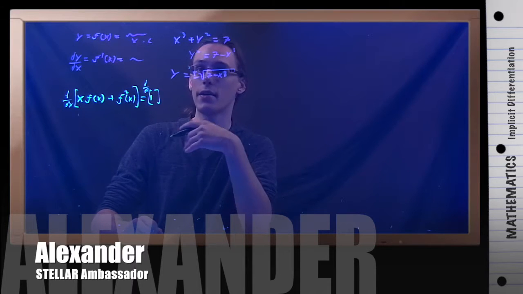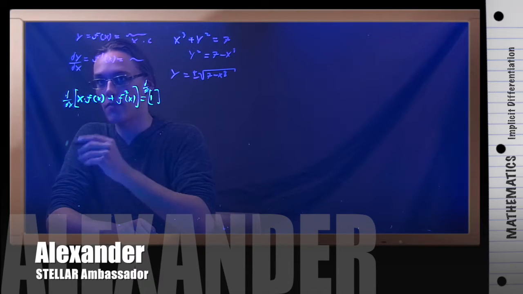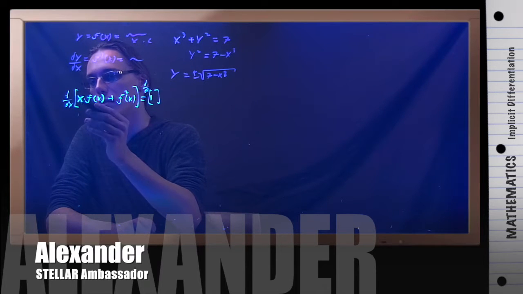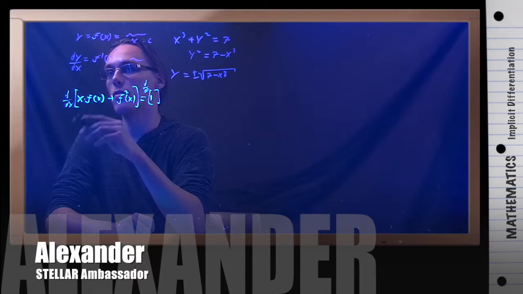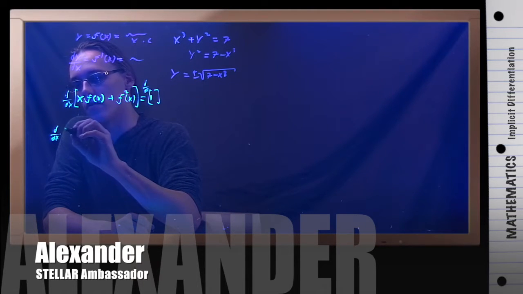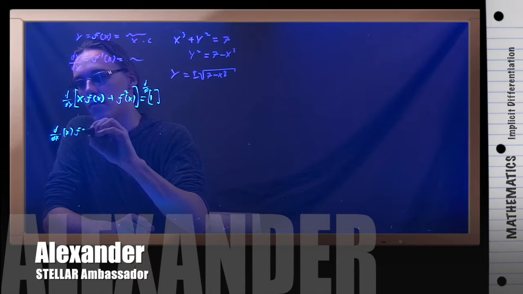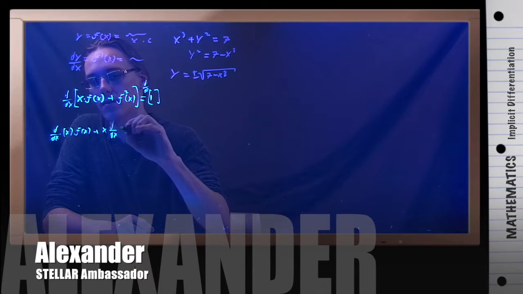And then just go from there and see what happens. Well, what would happen here? Here I've got a product, so I'd have to use product rule. So the derivative of the first times the second plus the derivative of the second times the first. So I'll write that out. This would be the derivative of x times f of x plus x times the derivative of f of x.